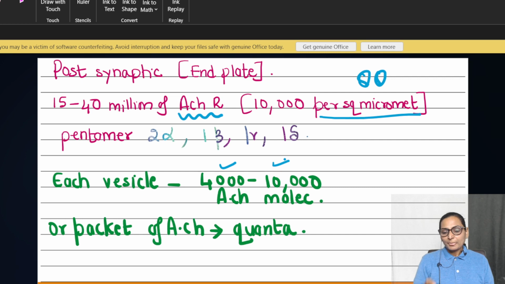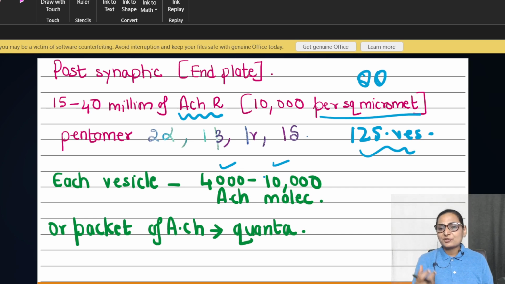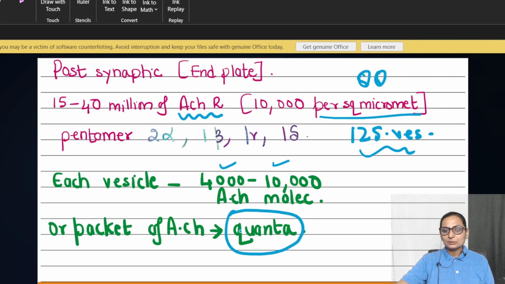So just imagine, when a single threshold stimulus is given, it can release about 125 vesicles at a time. How much acetylcholine are you liberating? Almost 125 times 4,000 to 10,000. So this much acetylcholine is liberated with one adequate stimulus, which then brings about a sufficient end plate potential to complete the action potential, right? The packet of acetylcholine which is released is also called the quanta of acetylcholine.